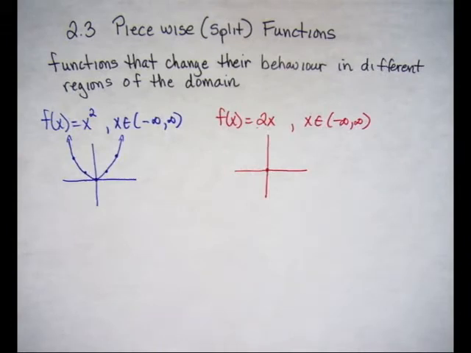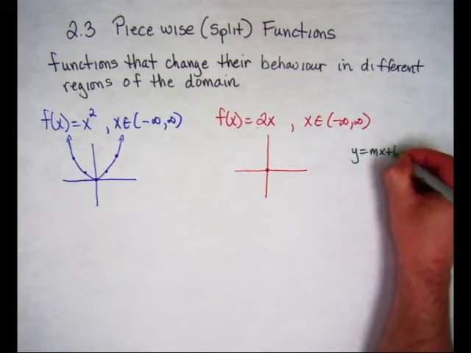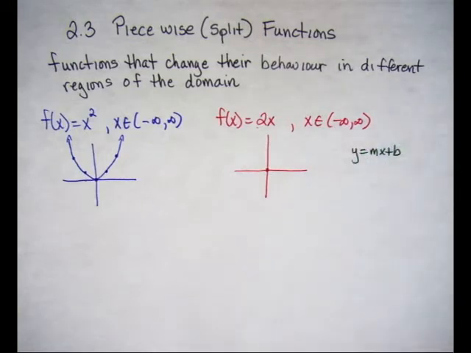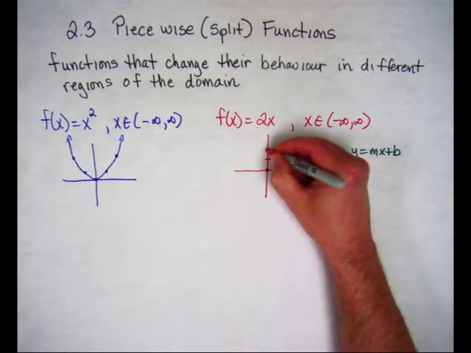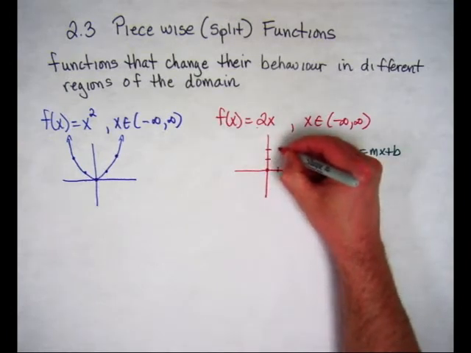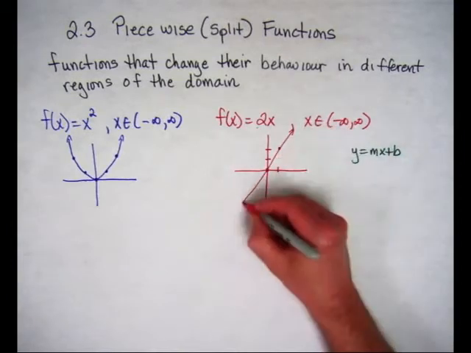I'm referring to a form of the linear function that you're probably familiar with, y equals mx plus b. So the number 2 is going to be our slope, and the b, of course, being the y-intercept, which we know is 0. So this is just going to be a straight line that's going to rise 2 for every run of 1. So we're going to have a straight line that's going to look something like that.